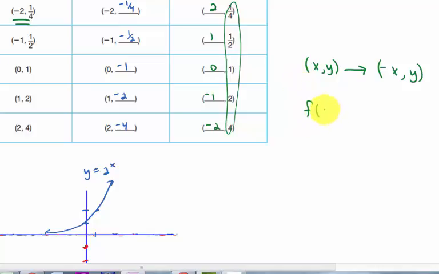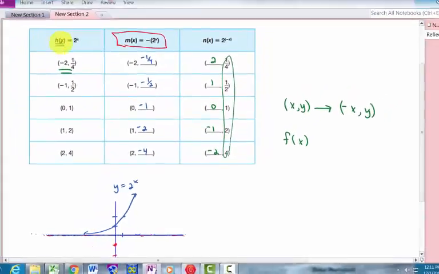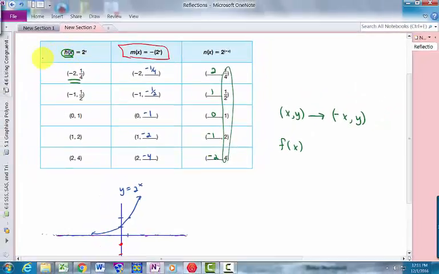We started with f of x, right? This was our f of x. I'm calling it f of x, even though in this case it was h of x. What do we do with that? Well, we replaced x. If you notice here, this x value was replaced with negative x. How do we show that here? You just write it as f of negative x, like so.